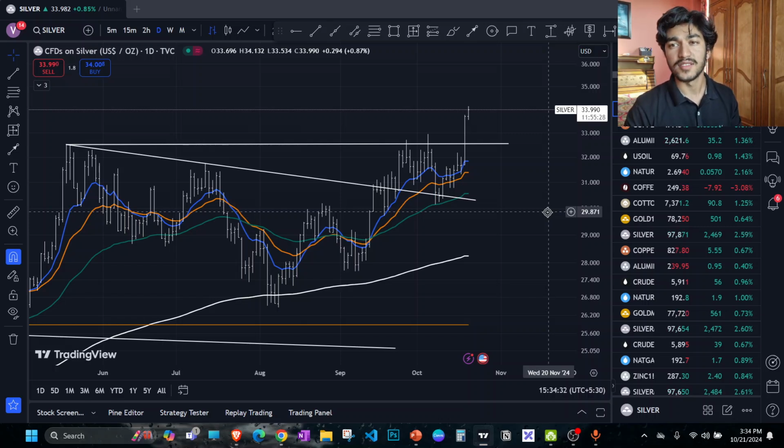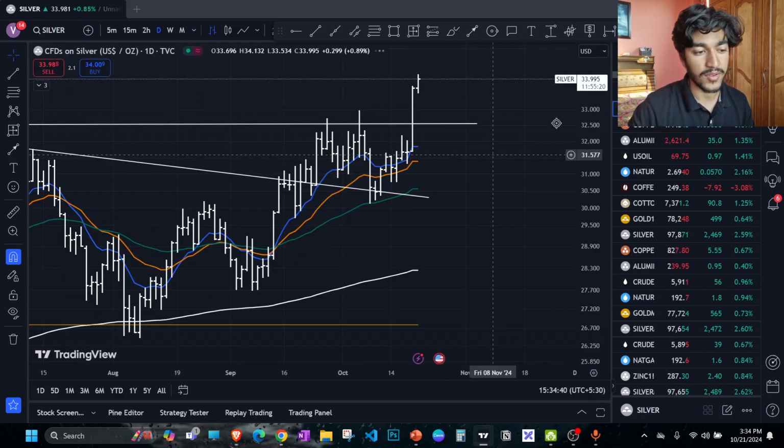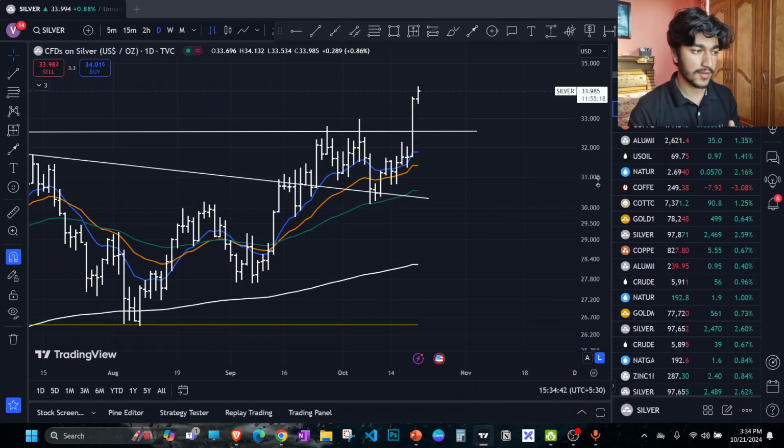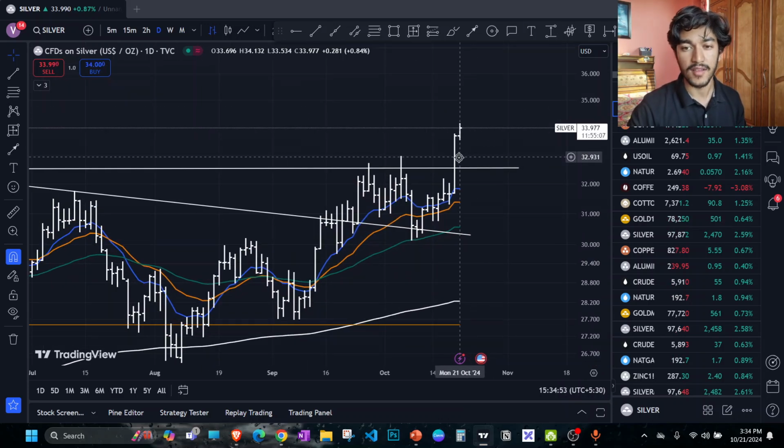It trades around 15 hours, and the international commodity market is traded 24/7. Whenever the US market opens, around 7 or 8 o'clock I think, a lot of volatility comes in silver and gold. That is what I have observed, so you'll have to be careful about that as well.